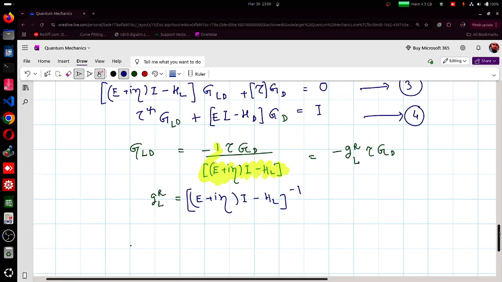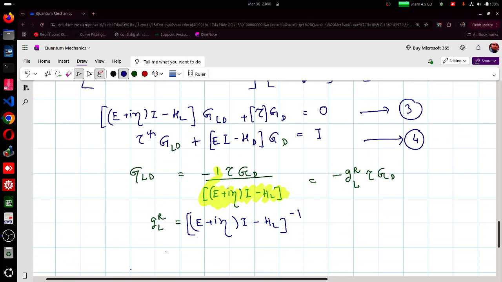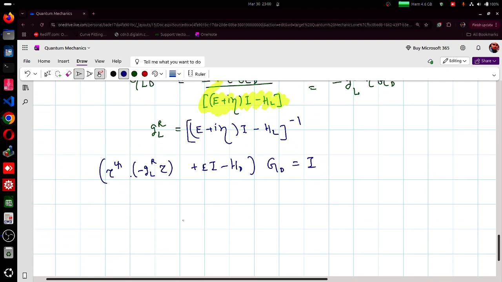So now from this equation you can write tau dagger GL D means minus GL or tau this, and plus (EI minus HD) GD equal to I. So we will get GD to be EI minus HD minus tau dagger GLR tau.